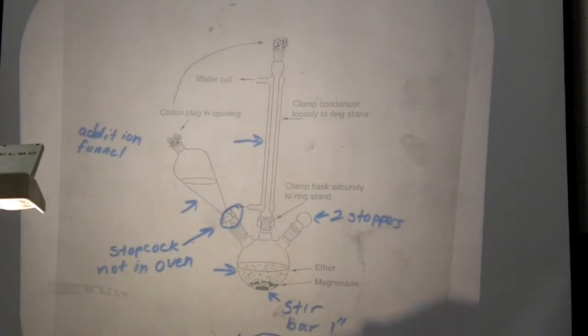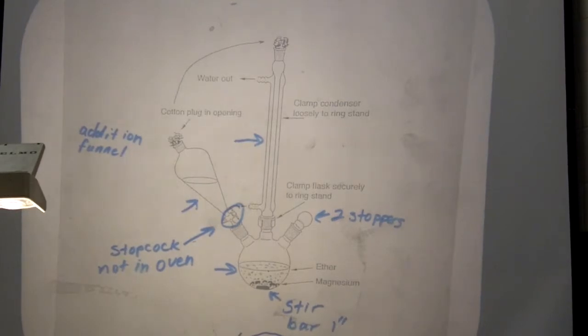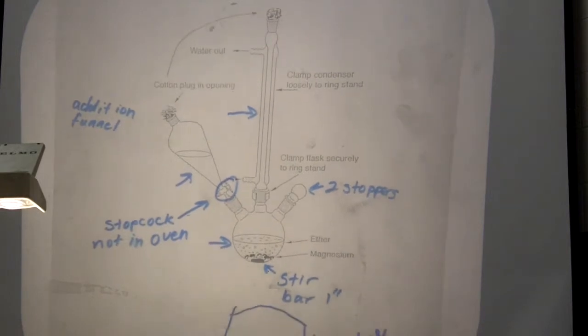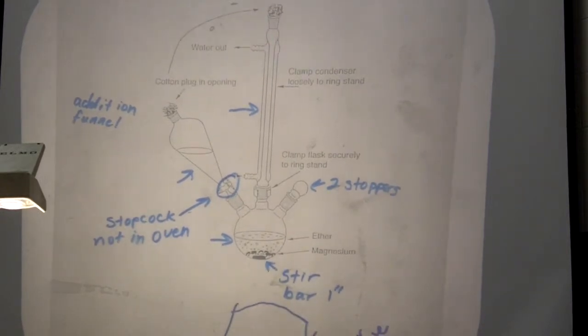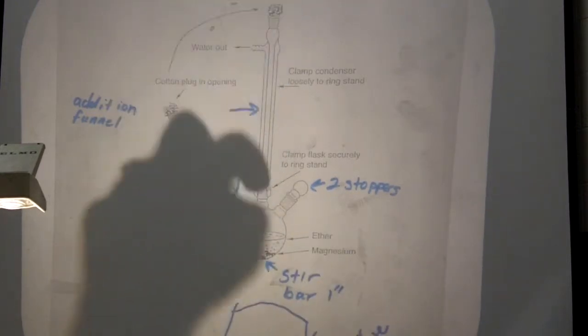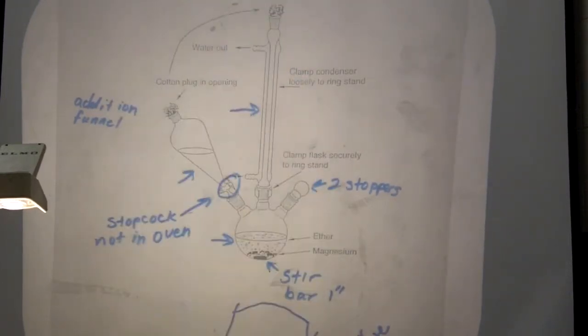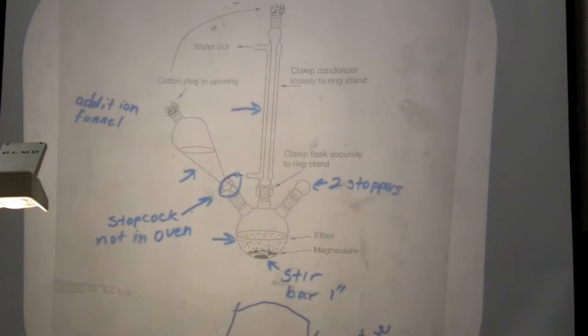So glassware coming out of the oven needs to be handled very carefully, and probably your instructor is going to monitor that situation or take control of it. Once you have your glassware, any opening that's open, you're going to stuff cotton in it, okay? Or you can use your glass stoppers with a little bit of grease.